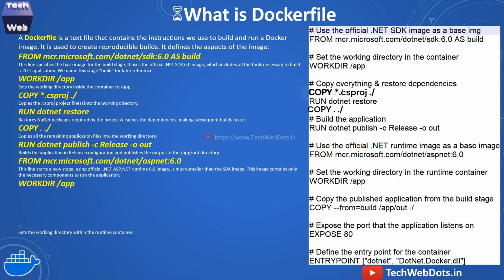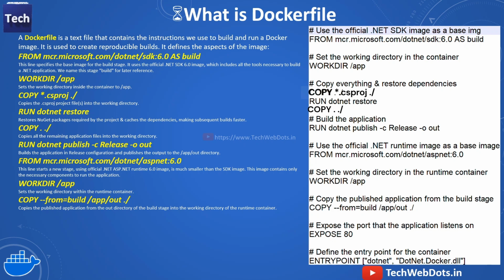Again, we are telling this image the work directory will be /app, so we set the working directory within the runtime container. Next, we copy the published application from the out directory of the build stage into the working directory of the runtime container.